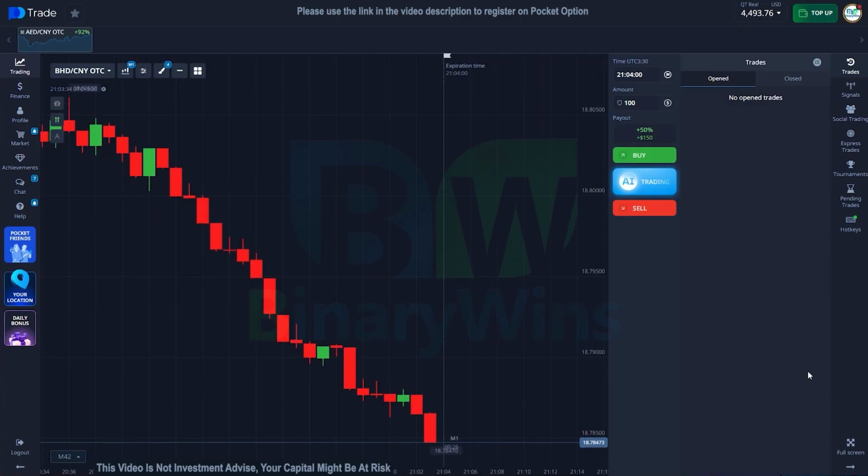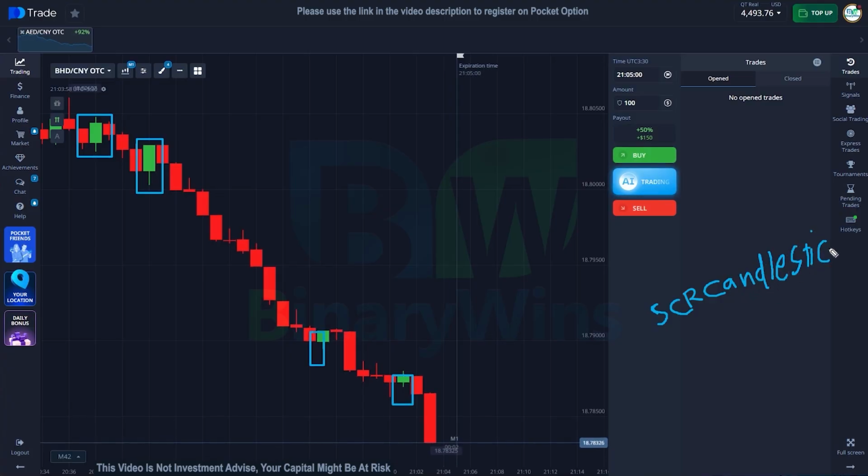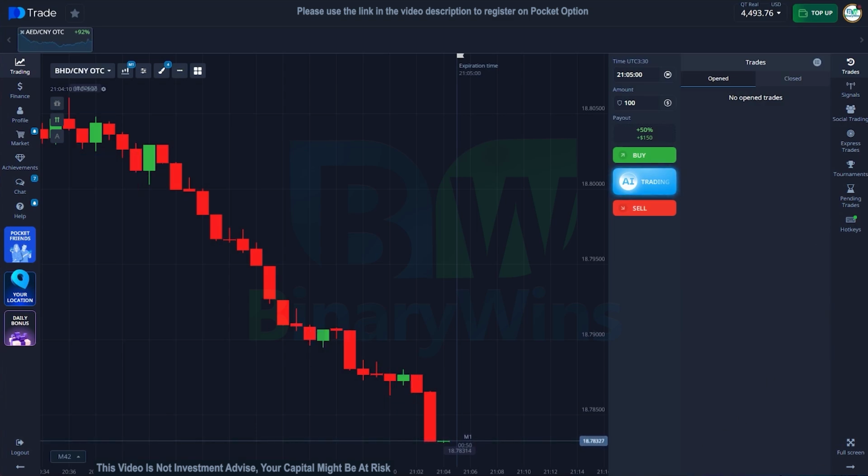But another pattern that is present here is the single candlestick repeating pattern. The SCR candlestick pattern. Our trend was also bearish.